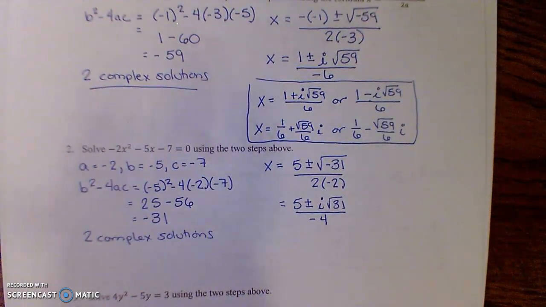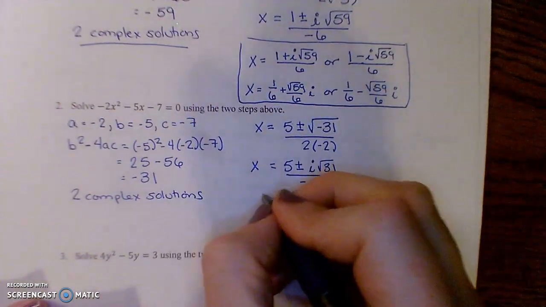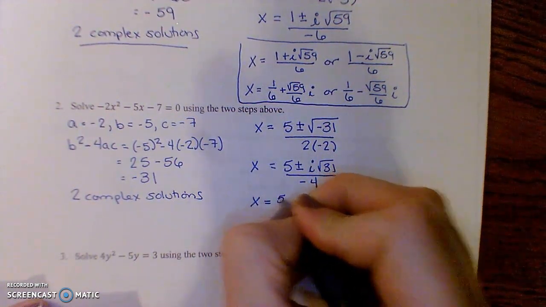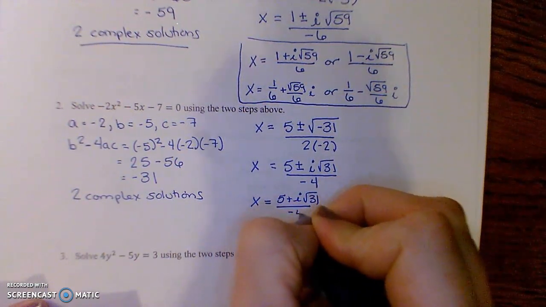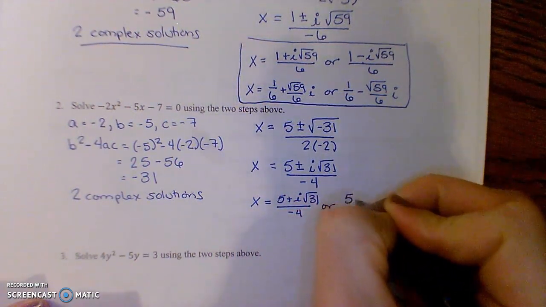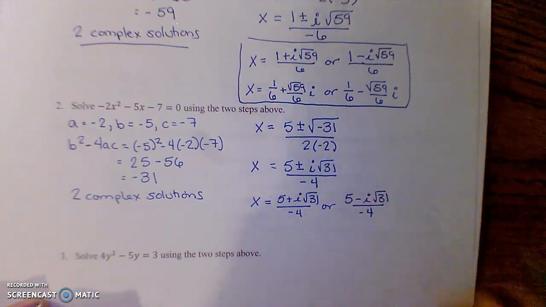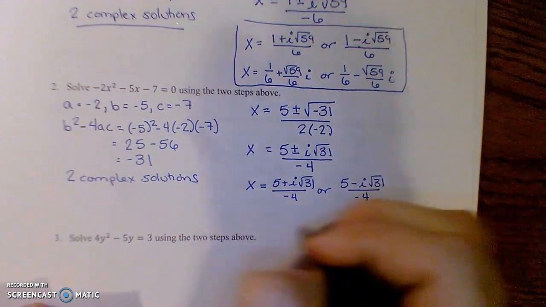And of course, this is a valid answer, or you can split that up to x equals 5 plus i root 31 over negative 4, or 5 minus i root 31 over negative 4. And you could also split each one of those fractions up as two separate fractions.